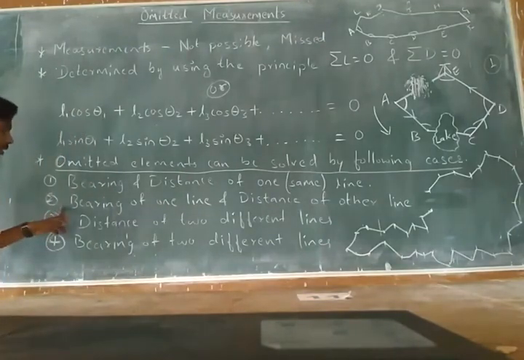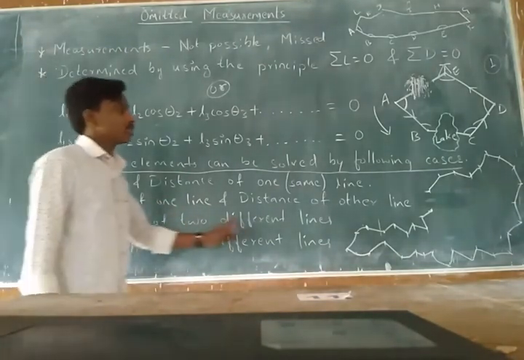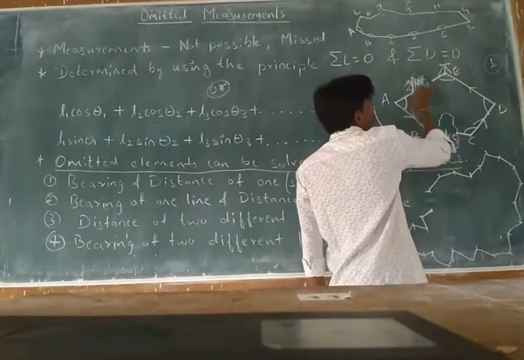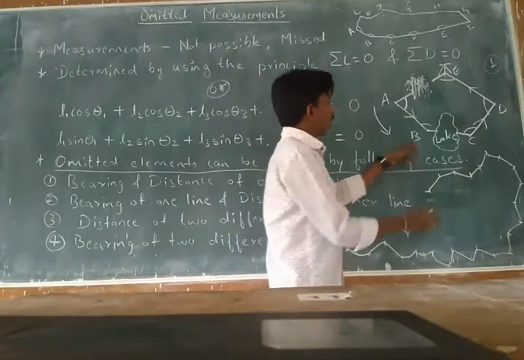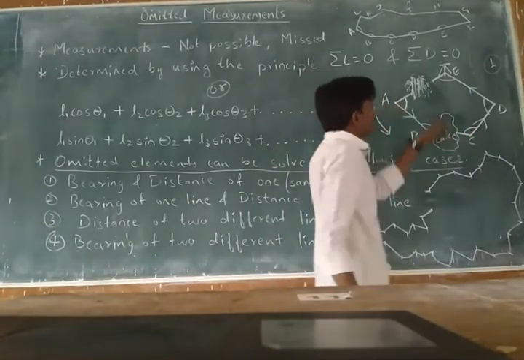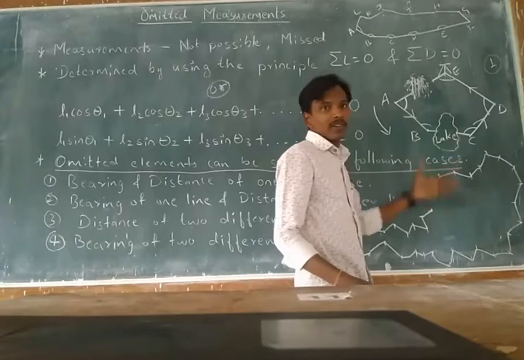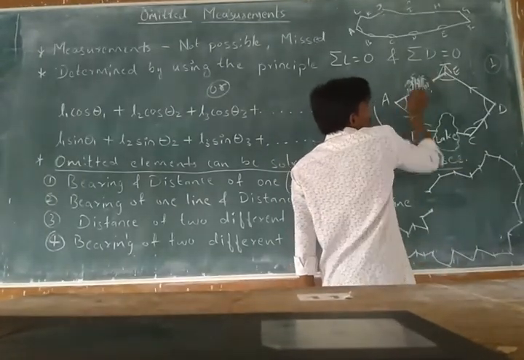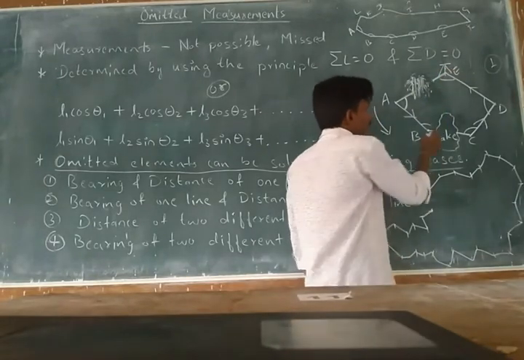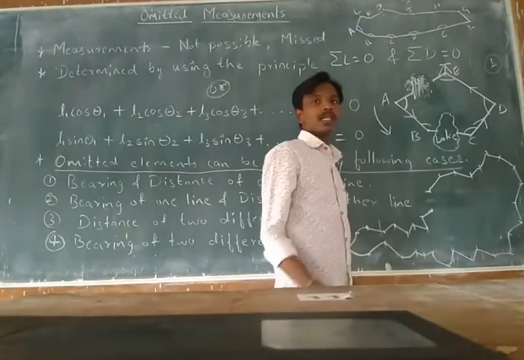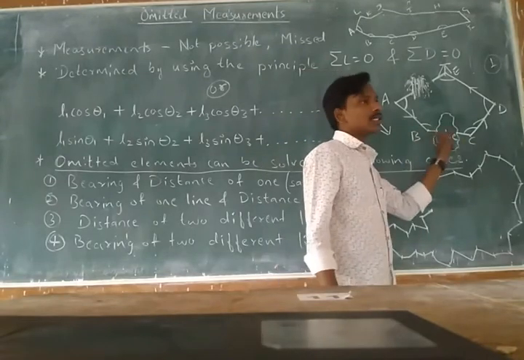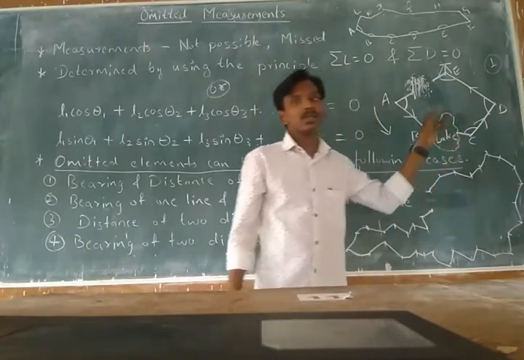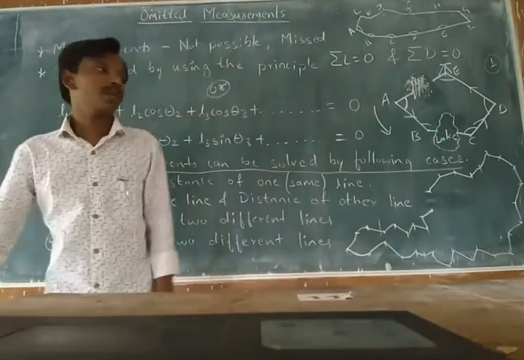The second one is bearing of one line and distance of another line. Here in this picture you can see the bearing of AE is missed and the distance of BC is missed. These are different lines, but the bearing of AE is missing though the distance we know already, and the bearing of BC is measured but the distance is left. In this criteria also we can determine the omitted measurement.